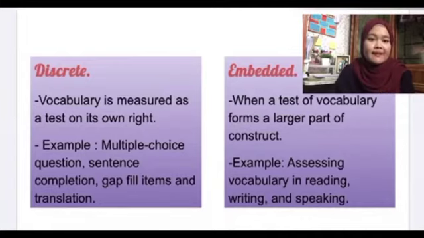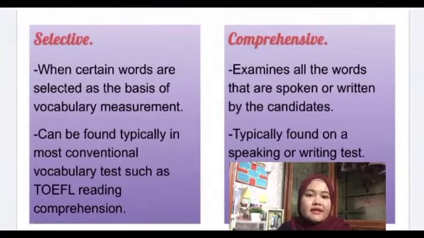Some examples in embedded vocabulary assessment are assessing vocab in reading comprehension, assessing vocab in writing, and also assessing vocab in speaking. So the next type of vocabulary assessment is selective versus comprehensive vocabulary assessment.